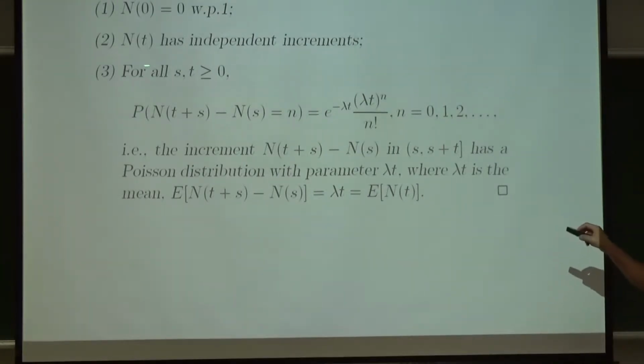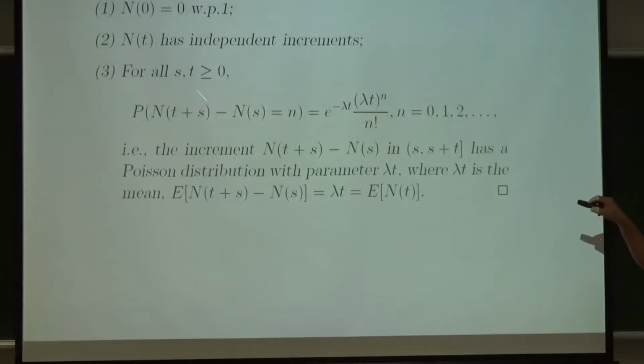And the third thing is that the counting process has stationary increments, so that the distribution of any increment is Poisson with parameter lambda times t, where lambda is the rate of the Poisson process.